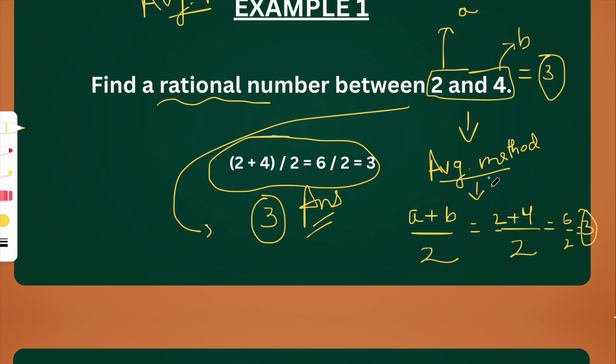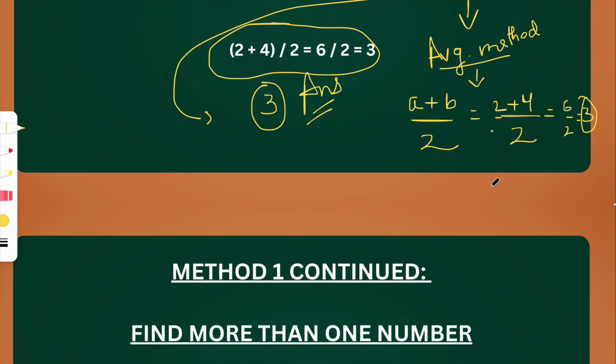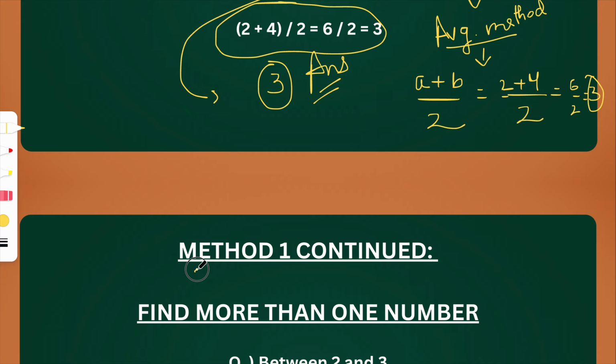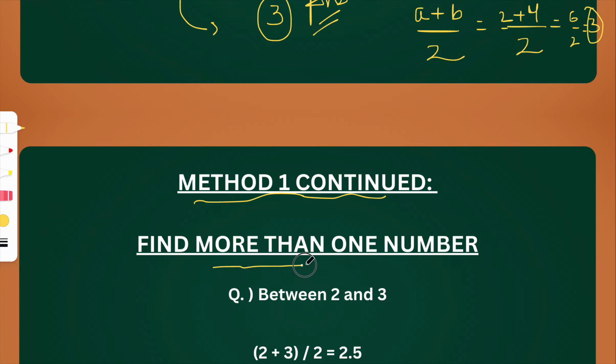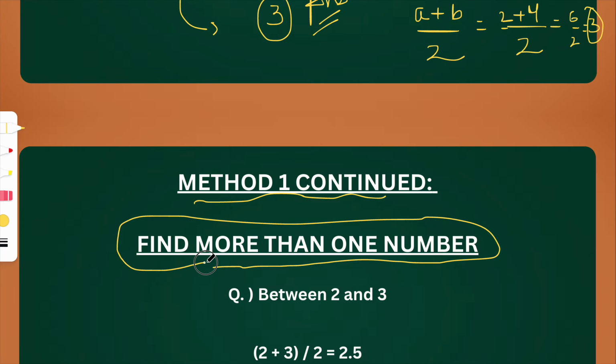Now we'll move further and see method 1 continued: finding more than one number between two numbers. This is also a very easy topic.